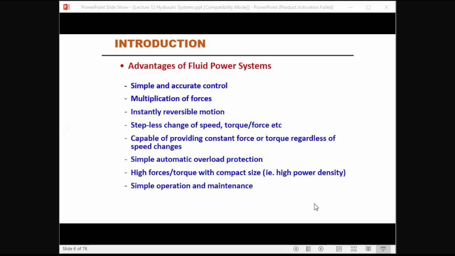Likewise, these all are applied applications. Then here you can identify some advantages using a hydraulic system. Then we can categorize fluid and pneumatic. Pneumatic mean air. Sometimes we can use air, and also we can use hydraulic oil as a liquid.